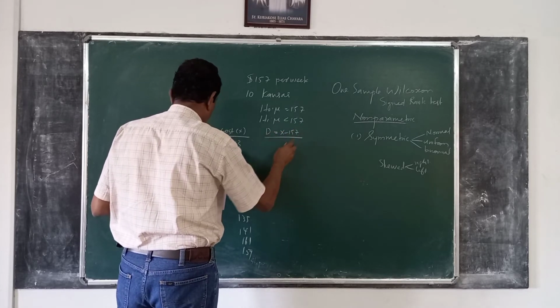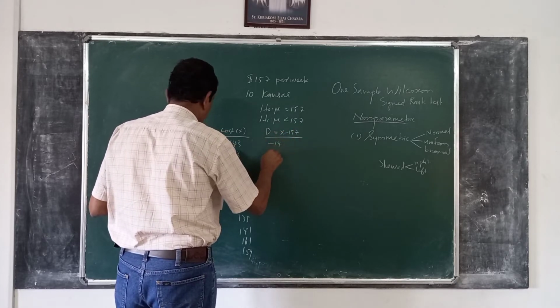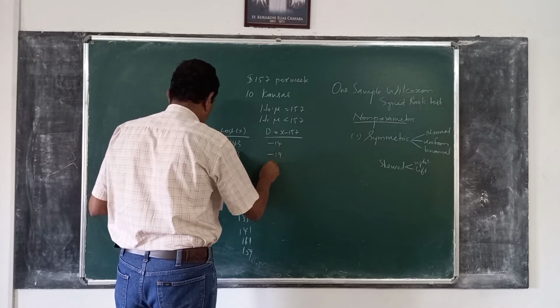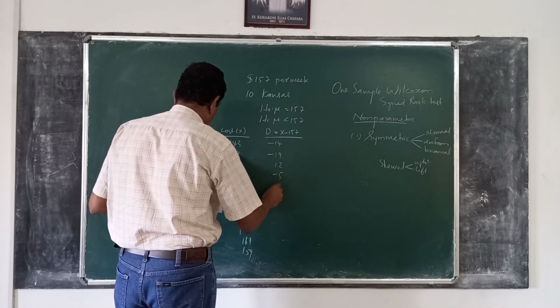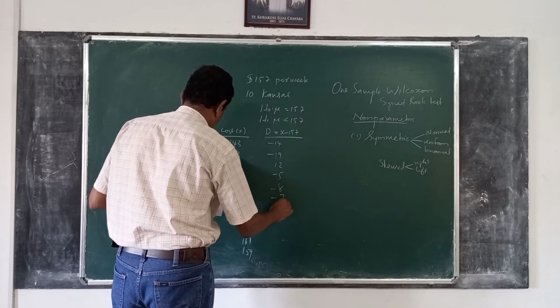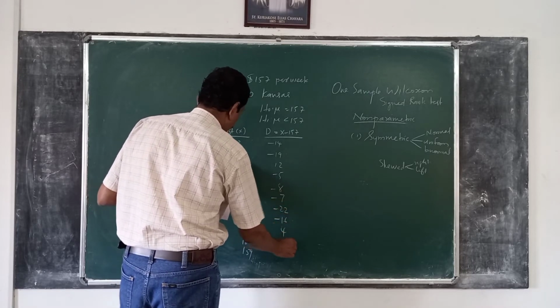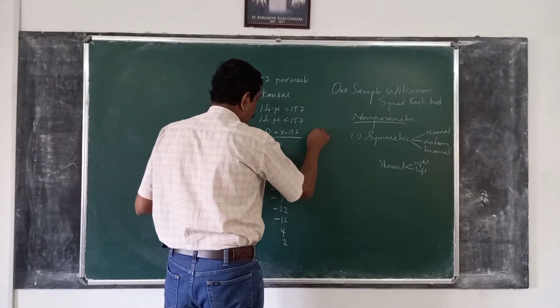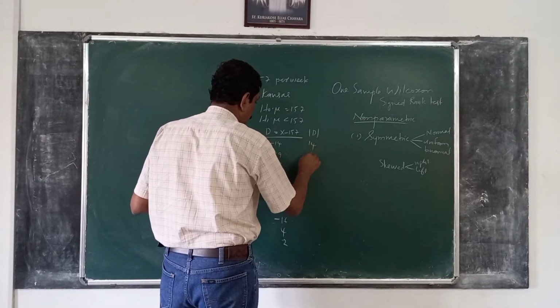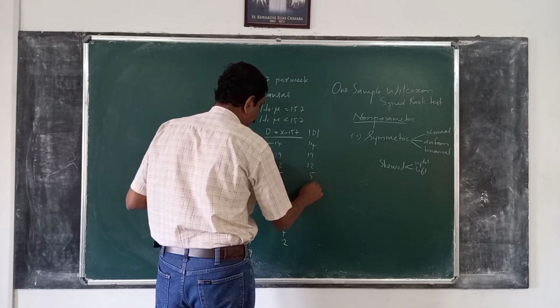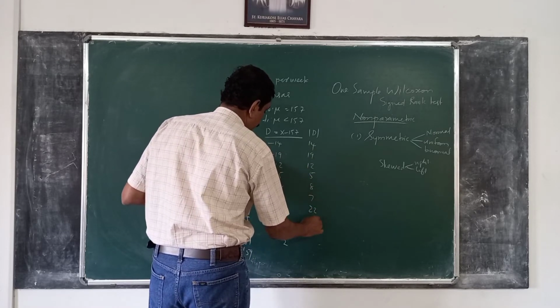The differences are minus 14, minus 19, 12, minus 5, minus 8, minus 7, minus 22, minus 16, 4, 2. Then the absolute values are 14, 19, 12, 5, 8, 7, 22, 16, 4, 2.